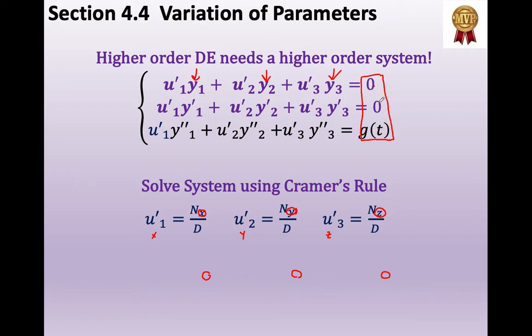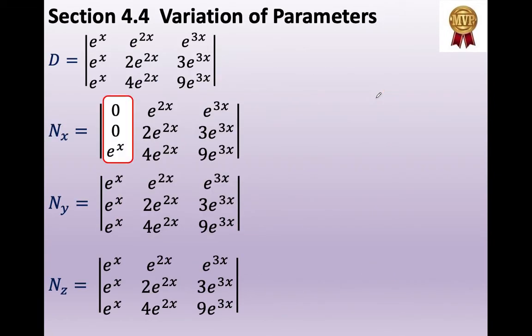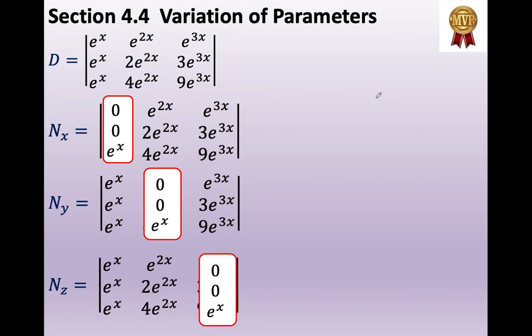I'm taking this column and I'm going to replace the x column first. In the next determinant, I'm going to replace the y column. And in the last determinant, I'm going to replace the z column. That's Cramer's rule. That's all I'm doing. Then I'm going to make a ratio of determinants. But I want to start changing my labels. I'm going to call that determinant W.